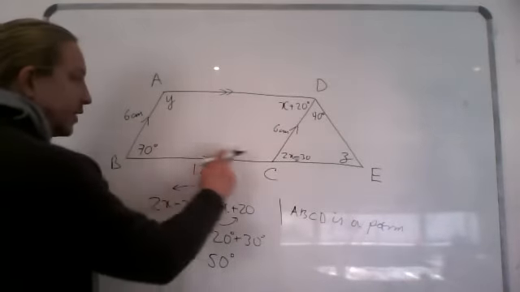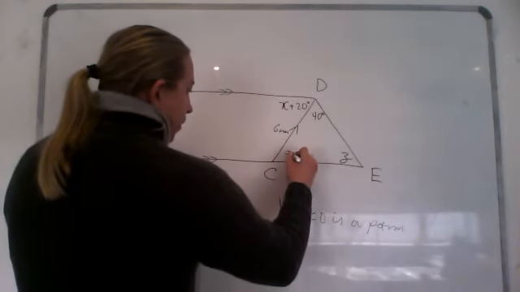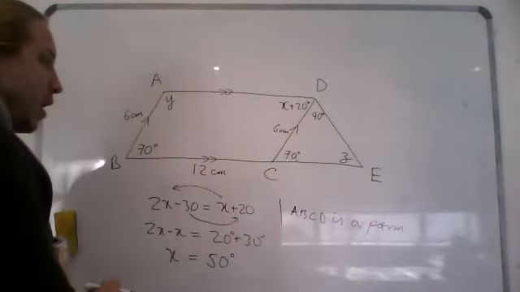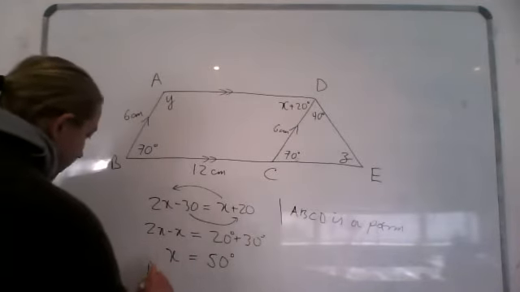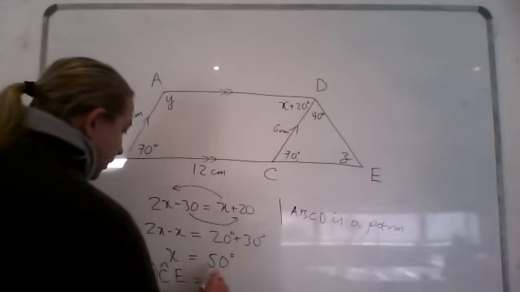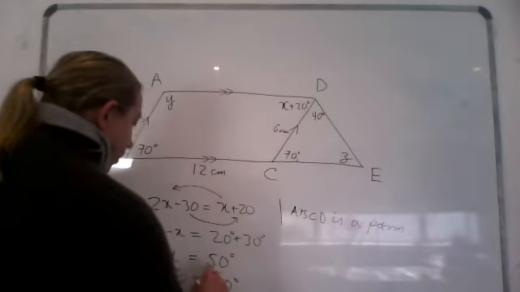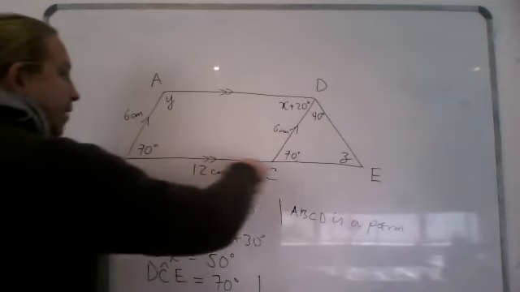If this is 70, then this is also 70 over here. Okay. How do we know that? We can say that angle DCE equals 70 degrees. Why? Well, what did we use here? We got the F forming here.